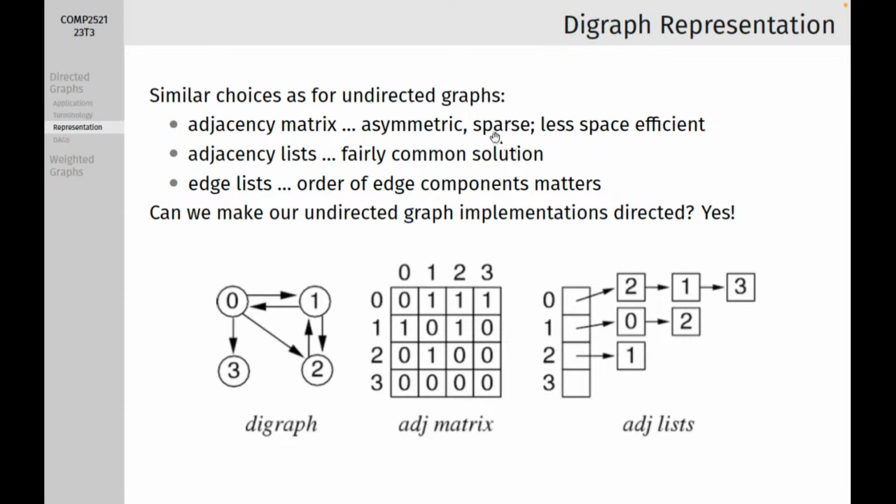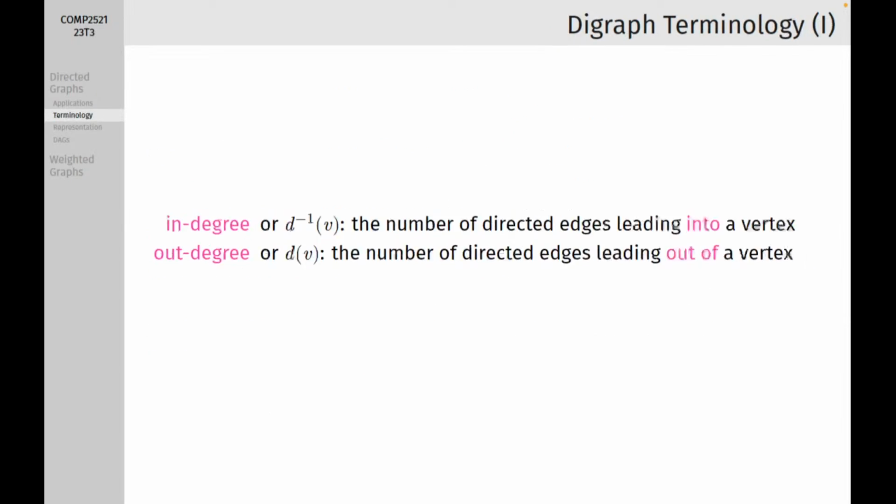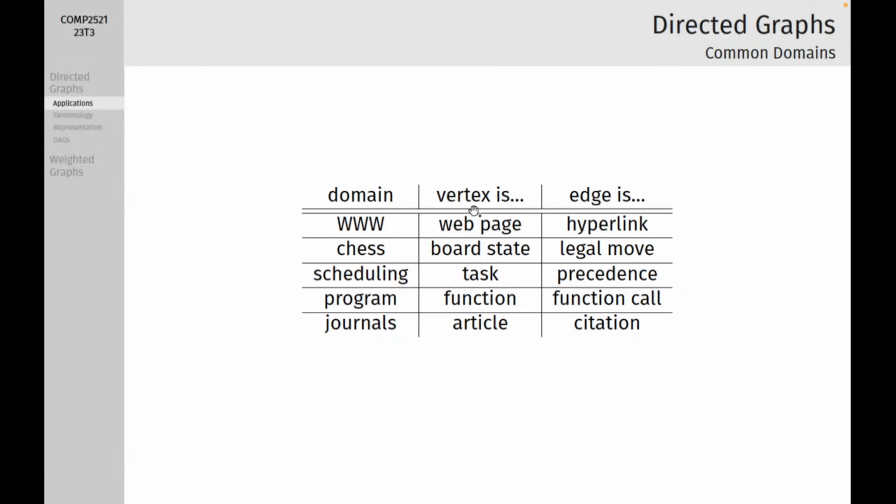And in the real world, directed graphs tend to be quite sparse. Just think of these applications here. The internet is very sparse, because each page has very few links.